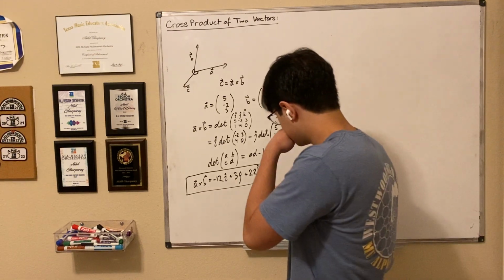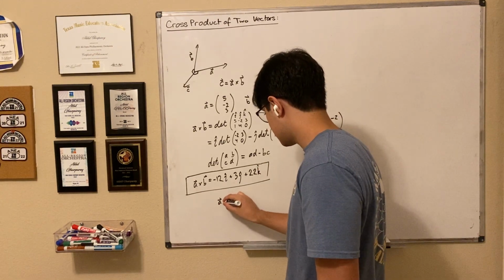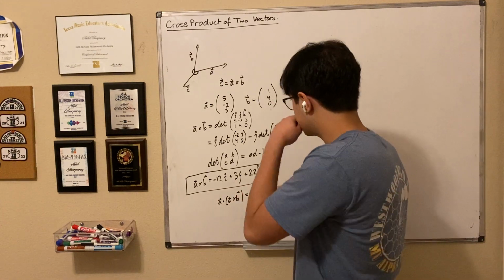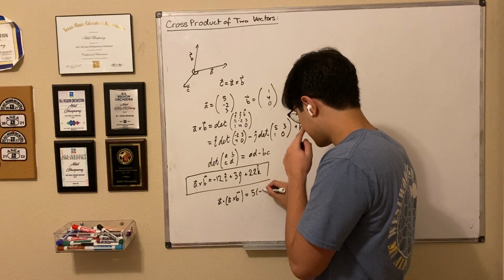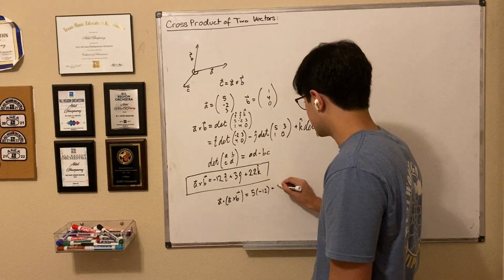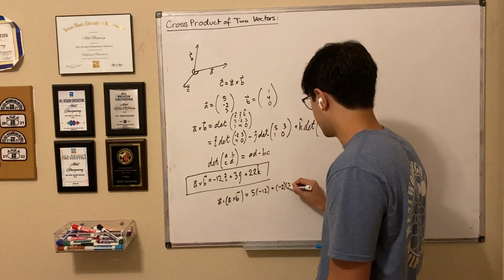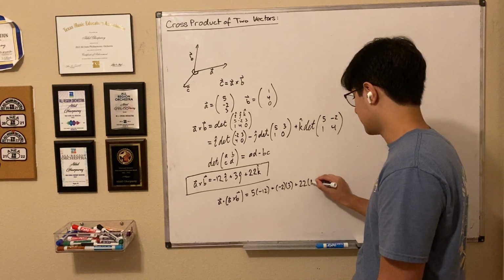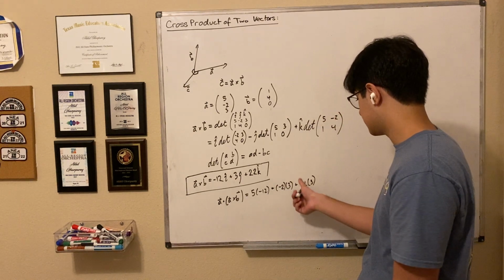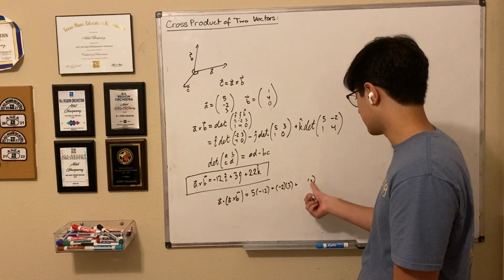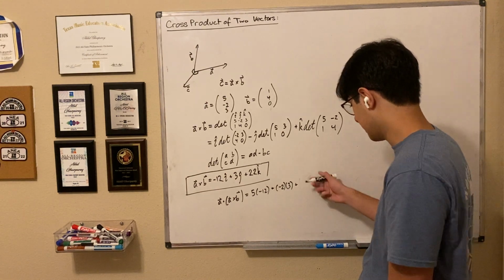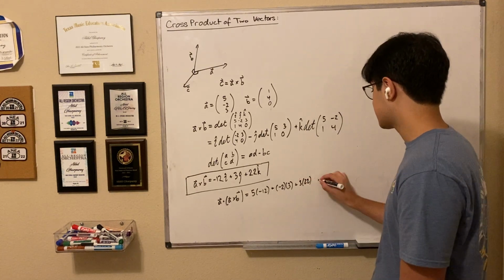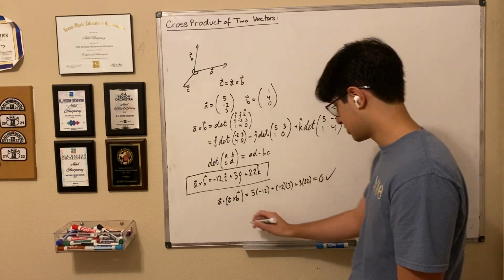So if we have A dot, parentheses, A cross B, we get 5 times -12 plus -2 times 3 plus 22 times 3, or should I say 3 times 22, it's the same idea, just more consistent. 3 times 22, this is going to be -66 plus 66, which gives you 0, so check that off.